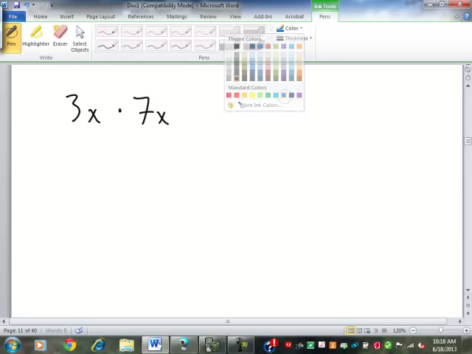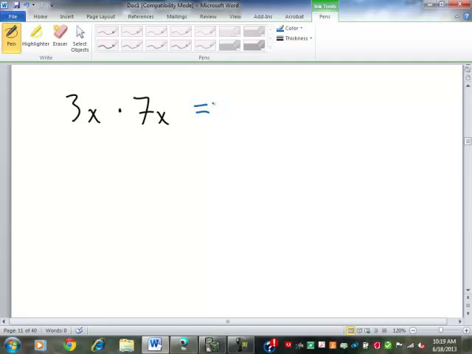And you'll recall that the difference between addition and multiplication is, in multiplication, we don't need to have the same names, because in multiplication, we're going to also multiply the names. So here, 3x times 7x, we do 3 times 7 to get 21, but we're also going to multiply x times x to get x squared.